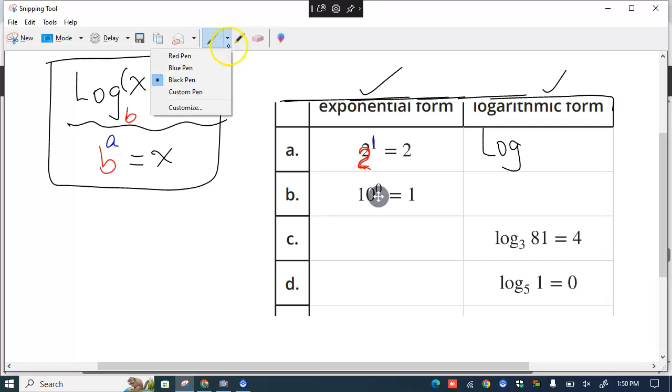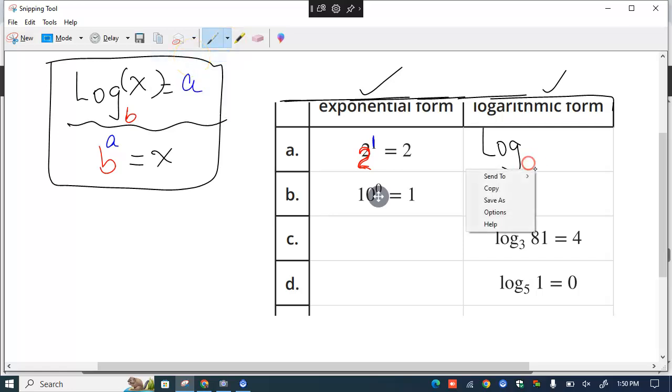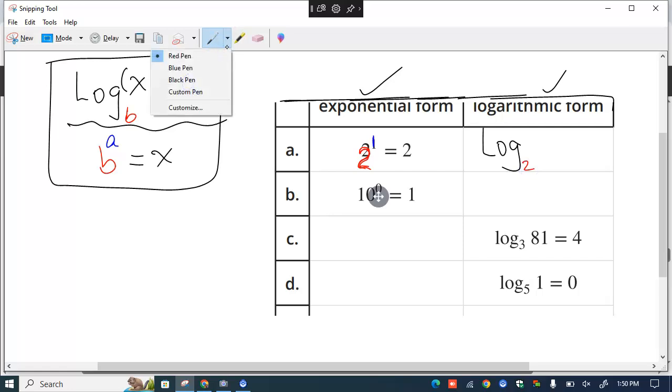The base is the red color 2, so that goes down. And then the black 2, and the answer is the blue color 1. That's all you're supposed to write.